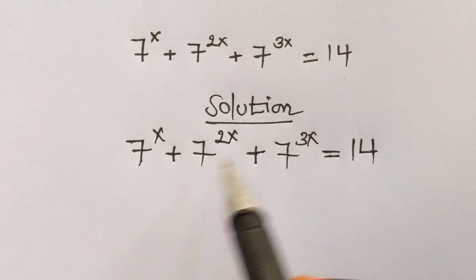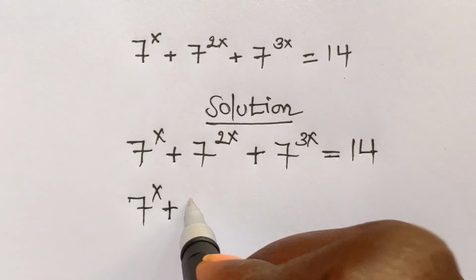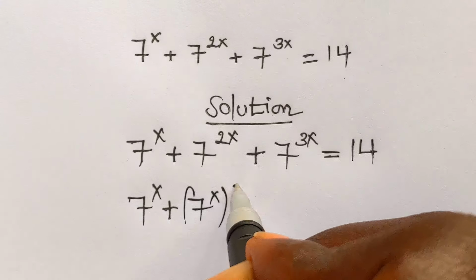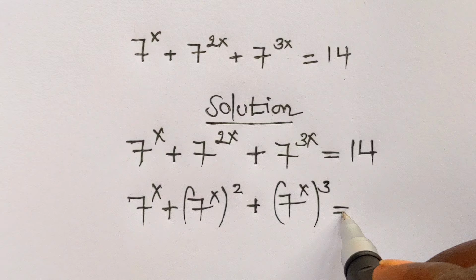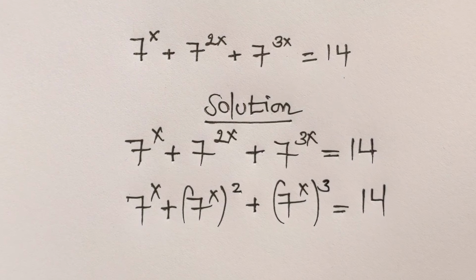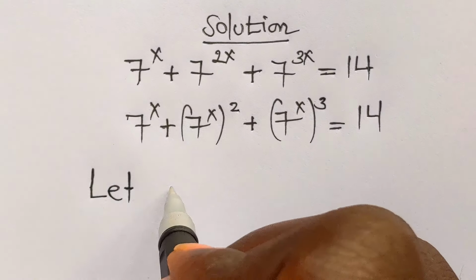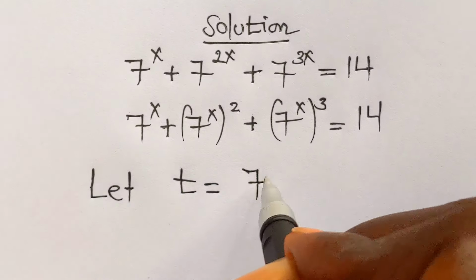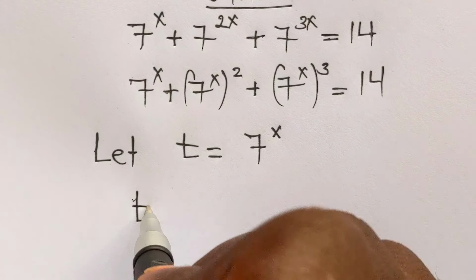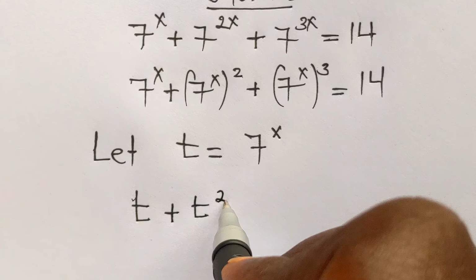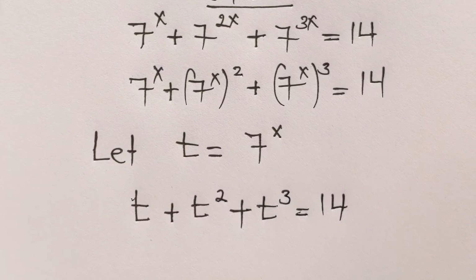And here we can simply write this as 7 power x plus (7 power x) squared plus (7 power x) power 3, which equals 14. Then at this stage we can let t be equal to 7 power x, so that we have t plus t squared plus t power 3, which equals 14.